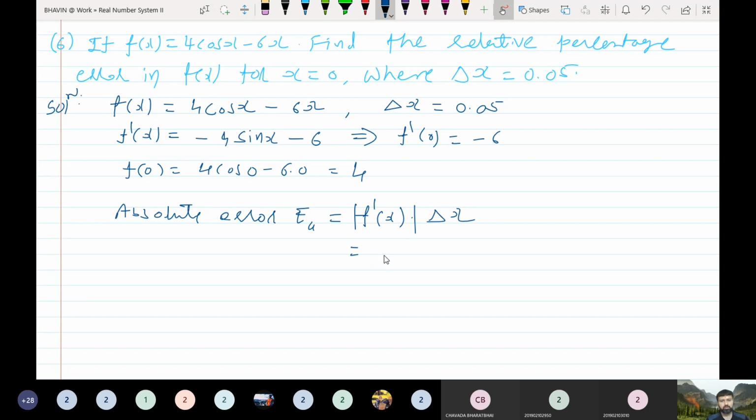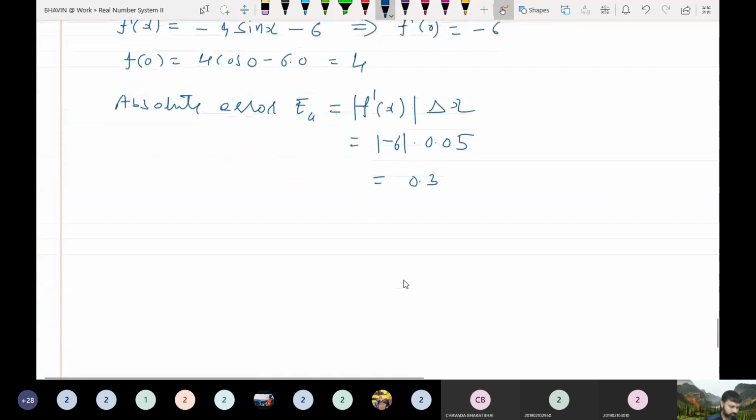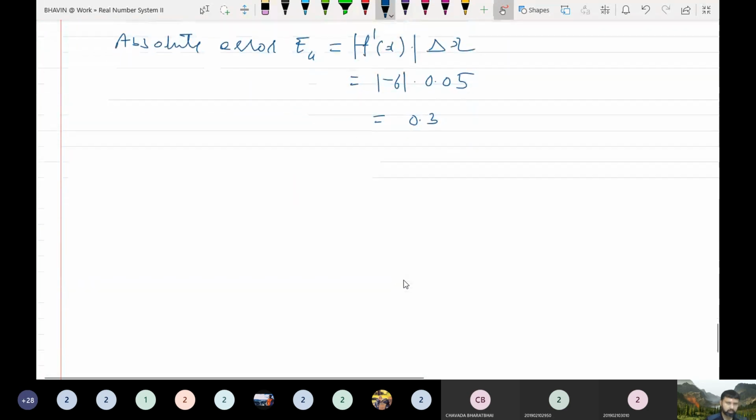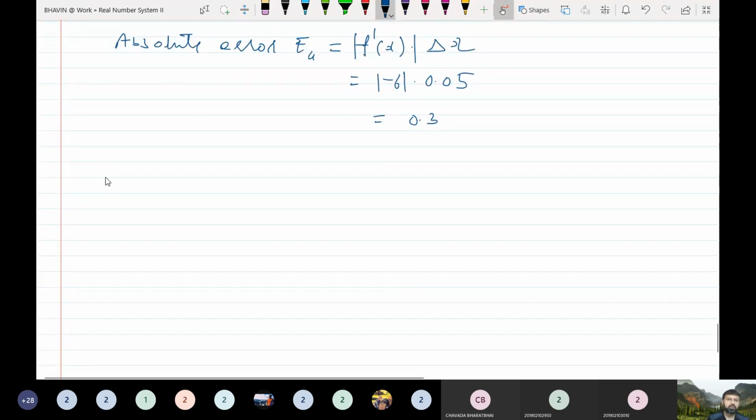So this is 6 and delta x is given, so 6 into 0.05, that is 0.3. Clear? So this is absolute error.